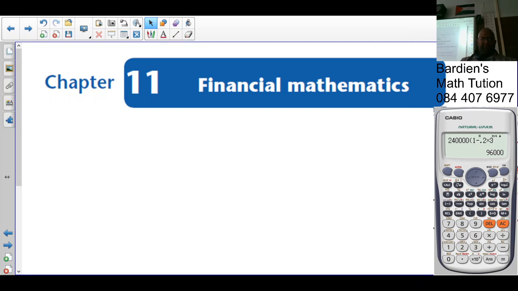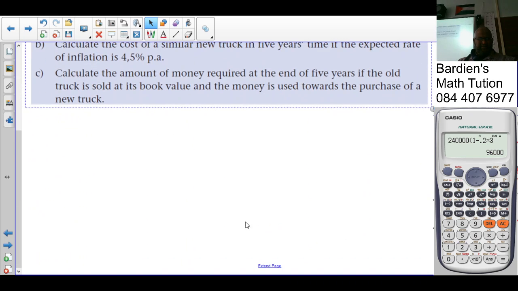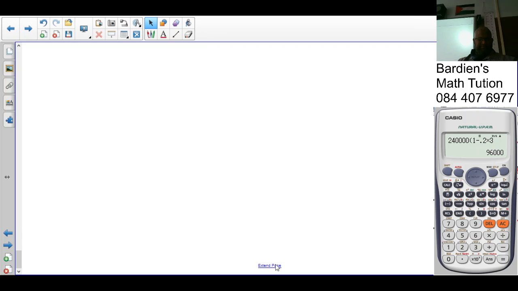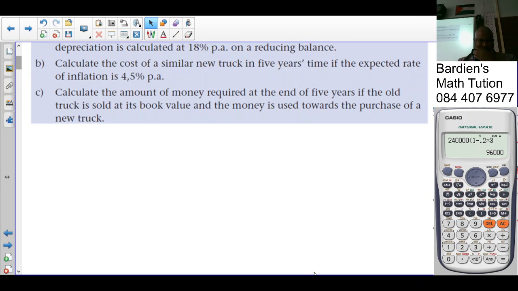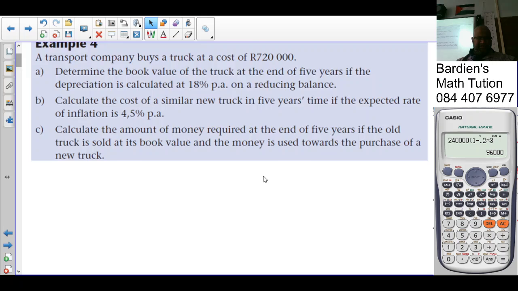Okay. I'll put this at the bottom. That will come later on.